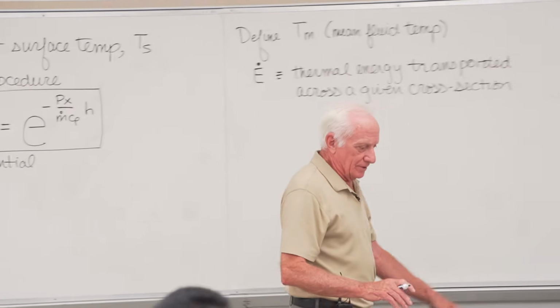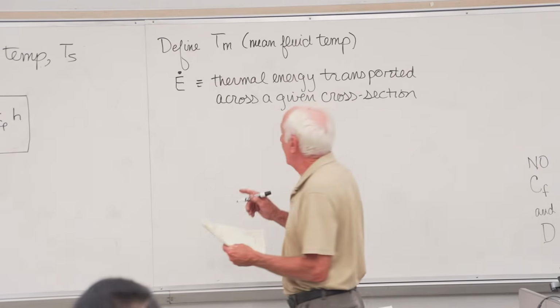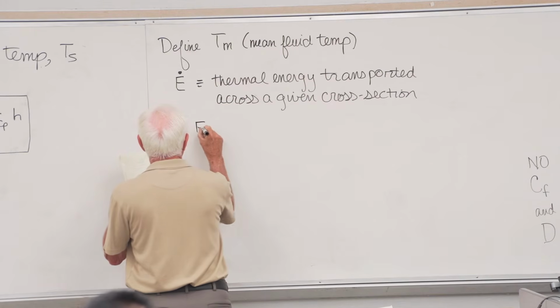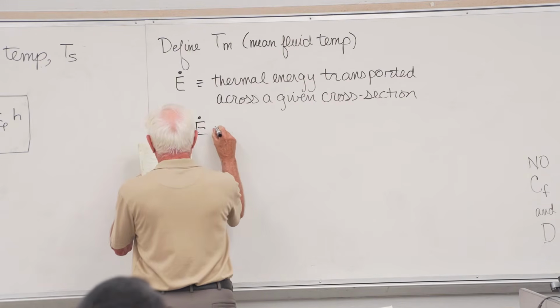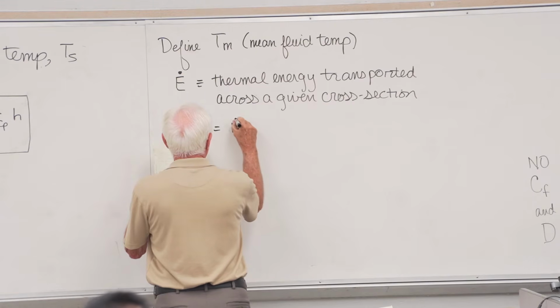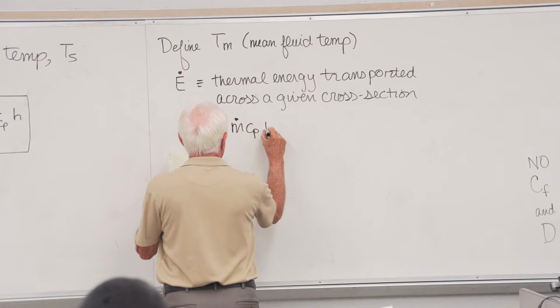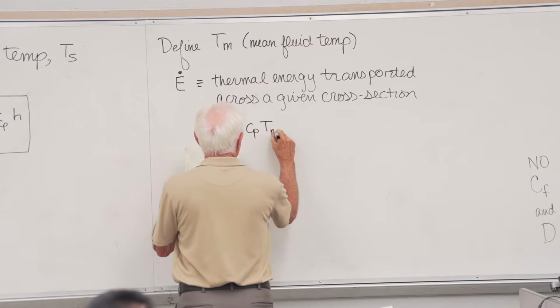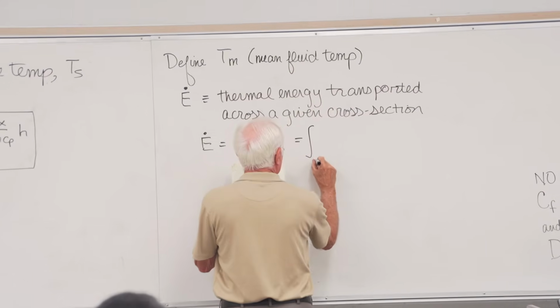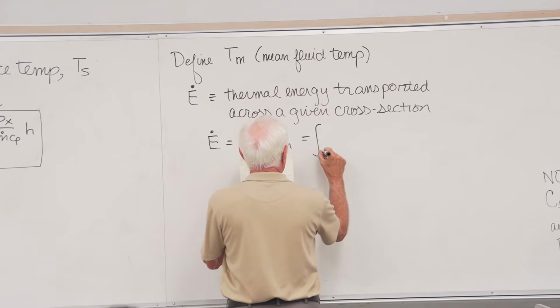Okay. So let's write the expression then for that. So E dot equals m dot C sub P T mean, integral across the cross-section area.